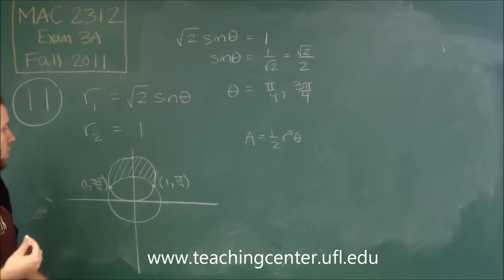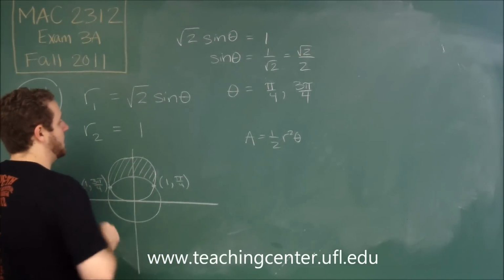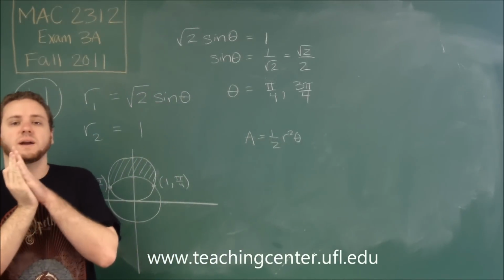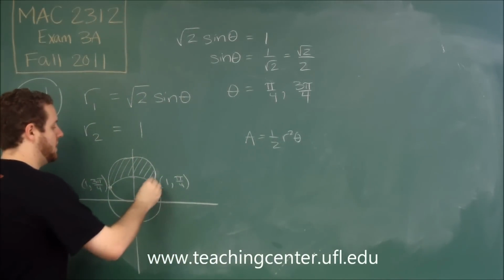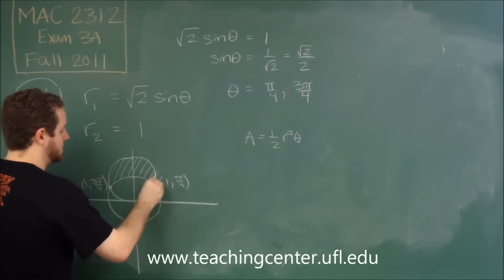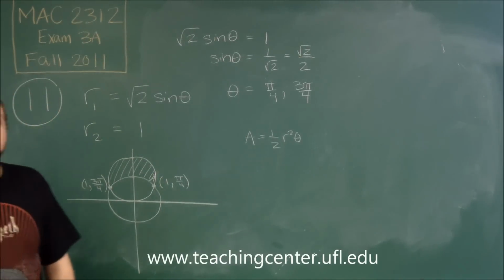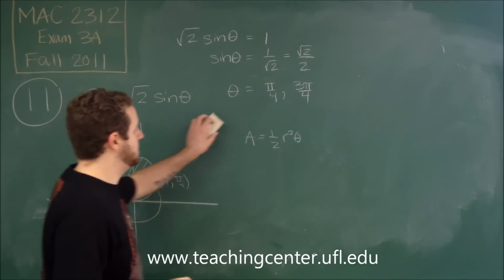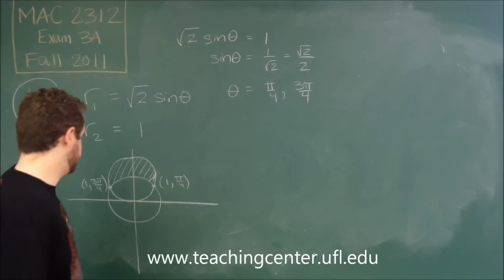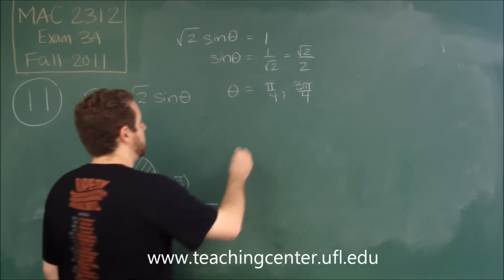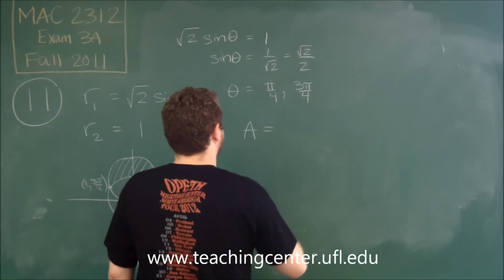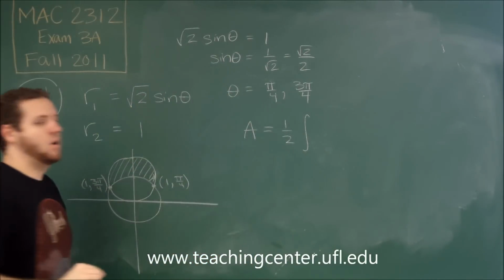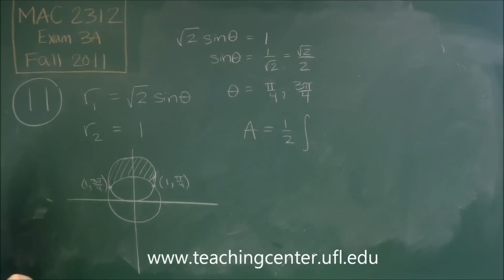So that gives you the area of a circular section. And remember, in polar coordinates, like how in Cartesian, when we do an integral, we're making very, very small rectangles, in polar coordinates, we're making very small circular sections. So we're going to integrate over theta, just like in Cartesian coordinates we integrate over x. So if we want this area, we have 1/2 integral of r squared d theta.